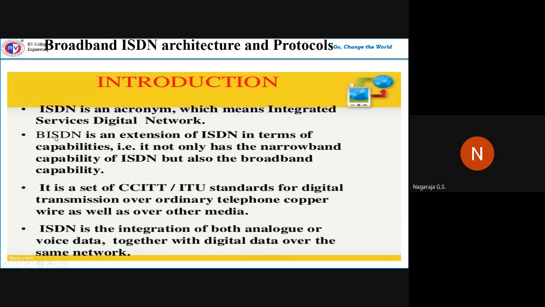BISDN is nothing but broadband ISDN. It's an extension of ISDN in terms of capabilities. I mean, not only the narrowband capability of ISDN, but also the broadband capability. It all varies based on the bandwidth utilization of your network resources.